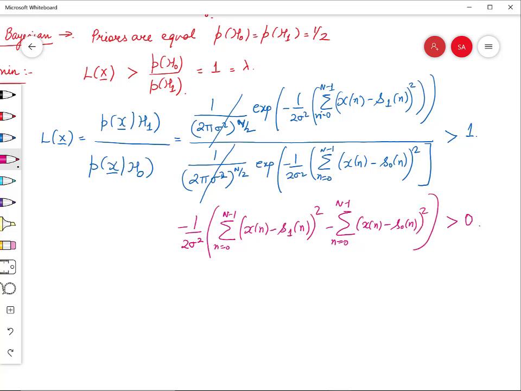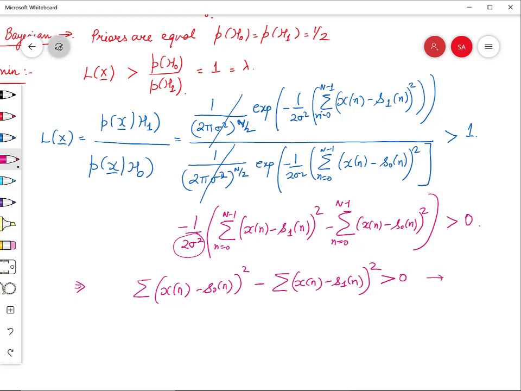Alright, let me take the minus inside and 2 sigma square on the other side. What we are going to get is that the summation of (x[n] minus s0[n]) whole square minus the summation of (x[n] minus s1[n]) whole square is greater than 0, for hypothesis 1 to be true.